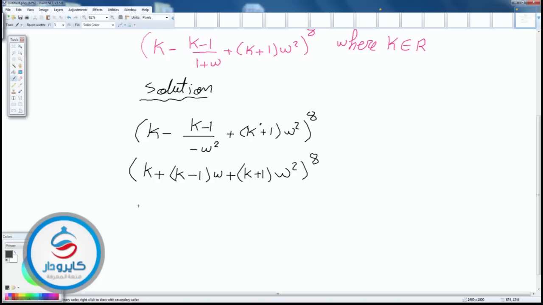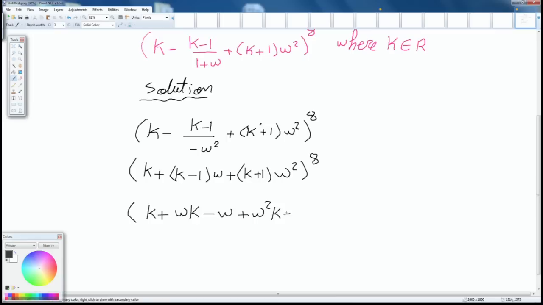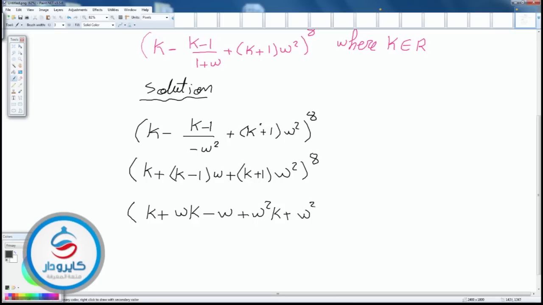We have to remove brackets. We have k plus omega k minus omega plus omega square k plus omega square.